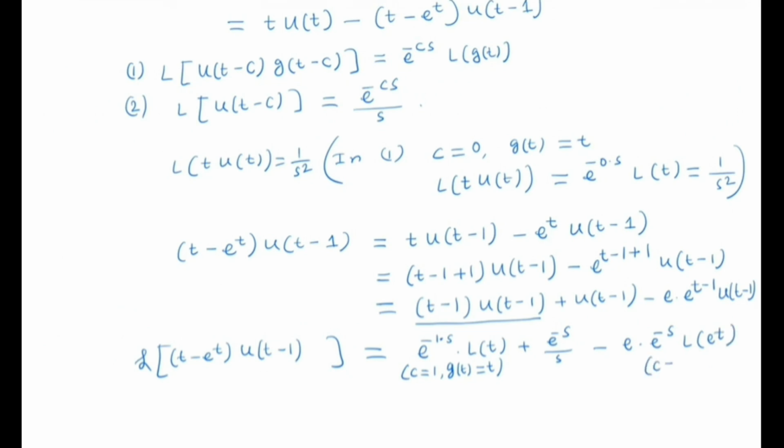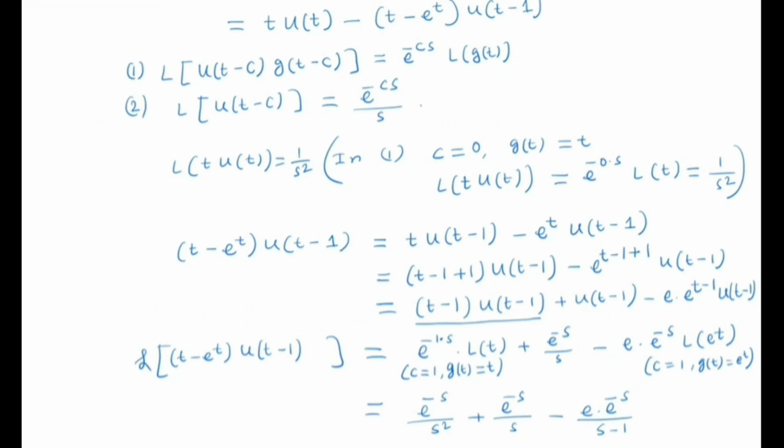Here also c is 1 and g(t) is e^t. So this is e^(minus s) by s squared plus e^(minus s) by s minus e into e^(minus s) into 1 by (s minus 1), which is L of e^t.